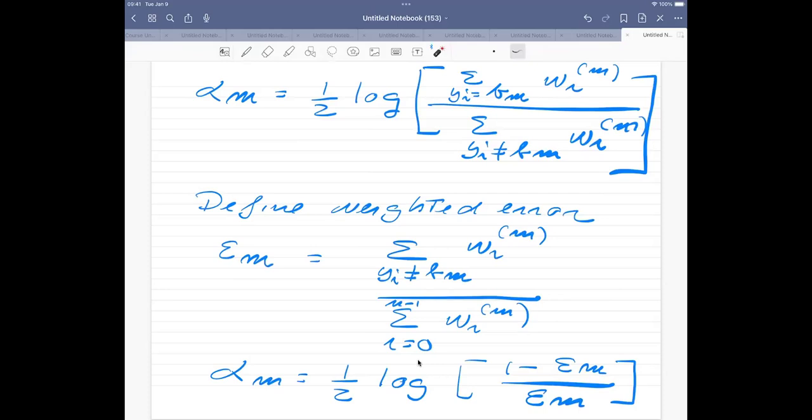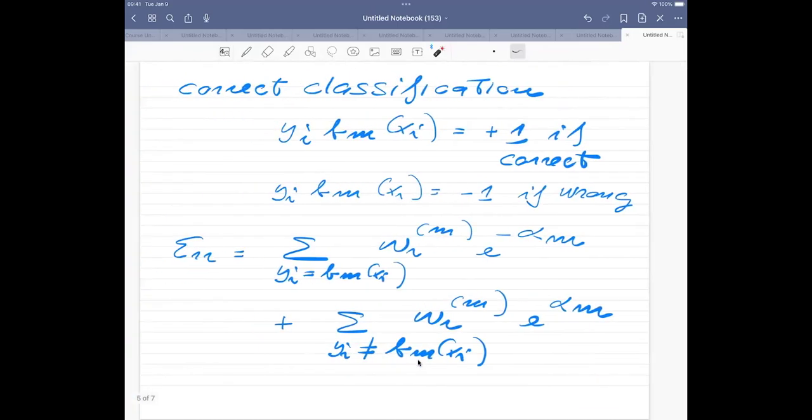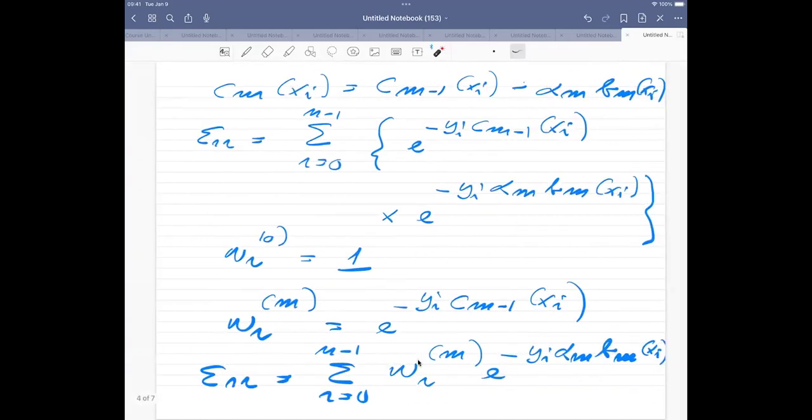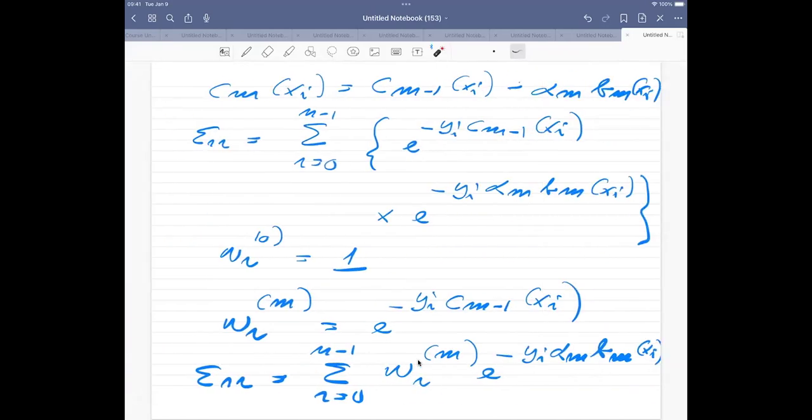With alpha of m, we can then set up the function here. So this should be a plus here. We take the previous value, plus alpha of m times the new b of m. And b of m is nothing but the same function which we are calling all the time.